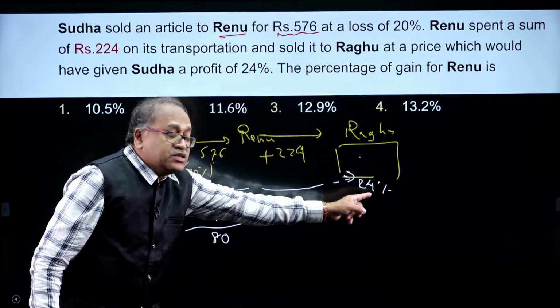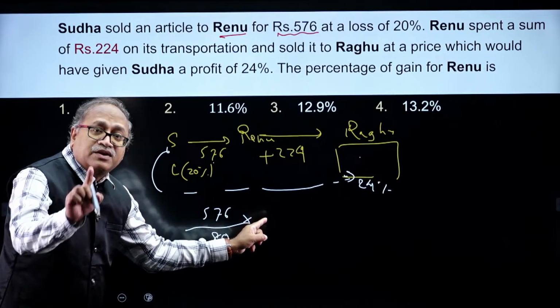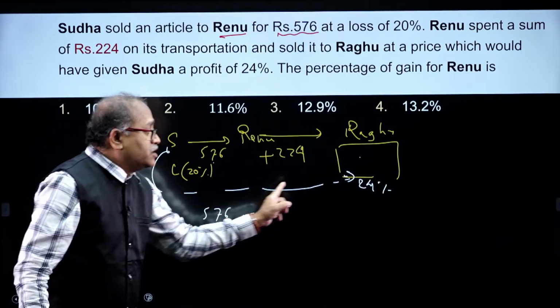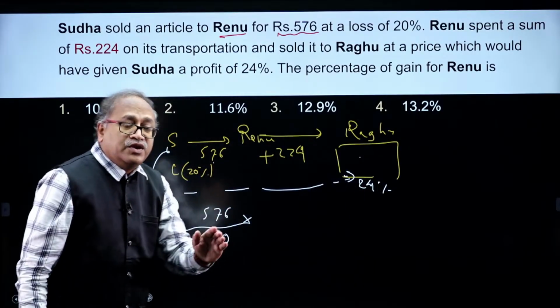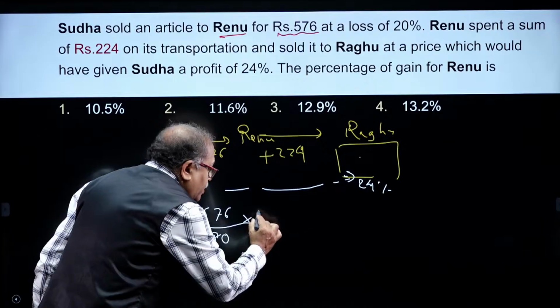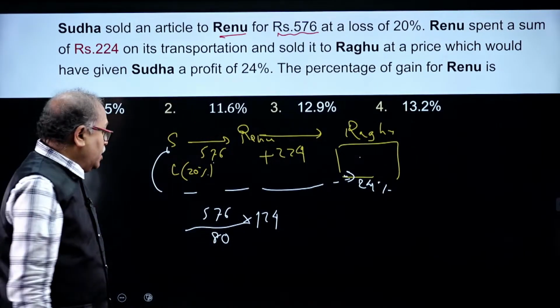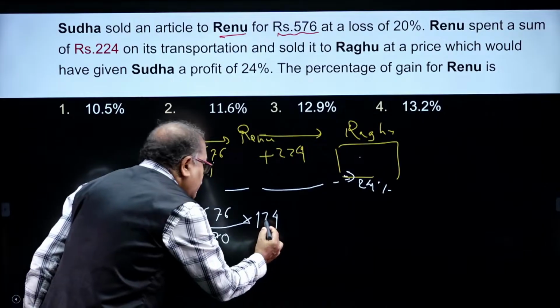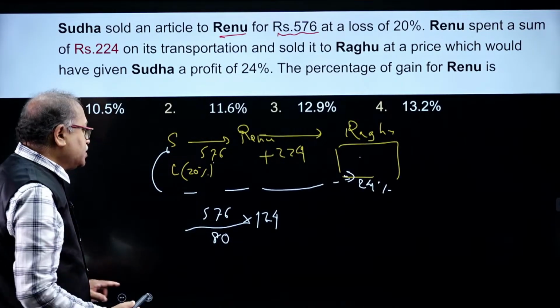With 24% profit of Sudha, if I multiply by 100 plus 24, that is 124, I will get the profit with 24%. So this is 124, and you know the cancellation part.